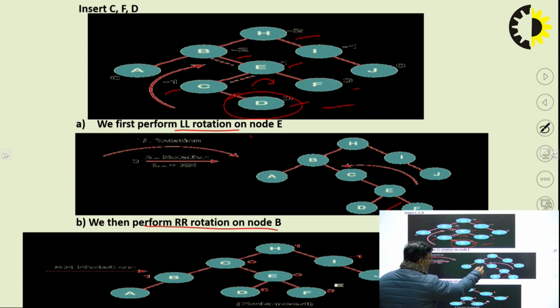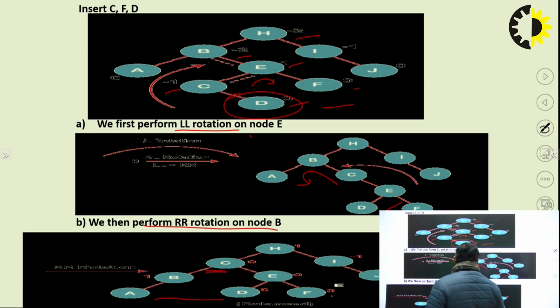देन अगेन वी पिक B and pull in an anti-clockwise direction, then C will make a parent of B, and this is the balanced tree.